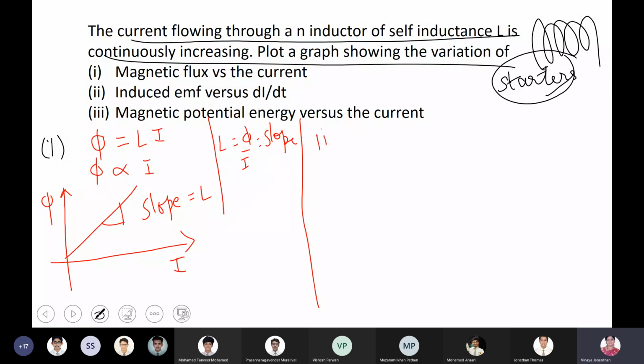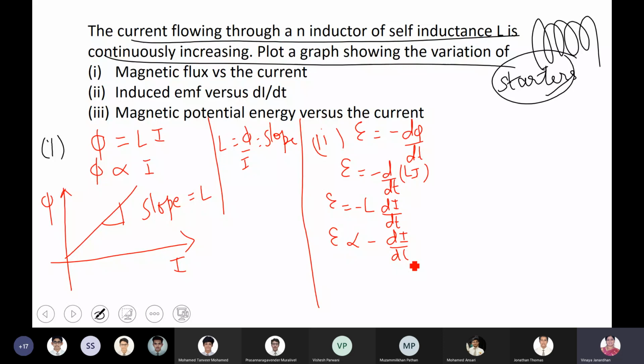Now the second part, induced EMF versus di by dt. So E is equal to minus d phi by dt, or E is equal to minus d by dt of L into I, or E is equal to minus L di by dt. Boys, L is a constant, right? Therefore, E is proportional to minus di by dt.